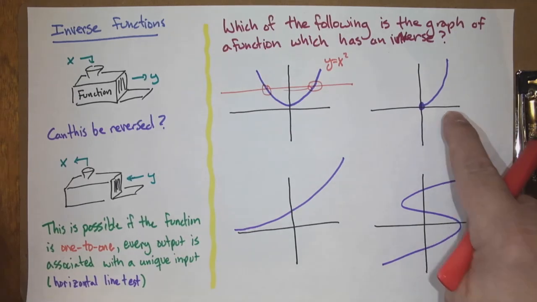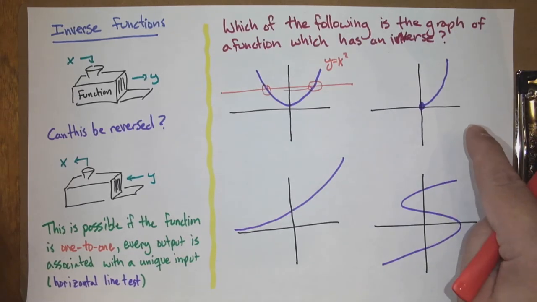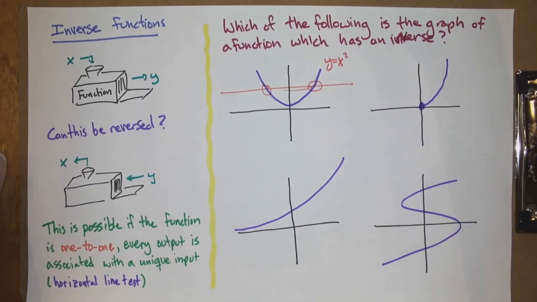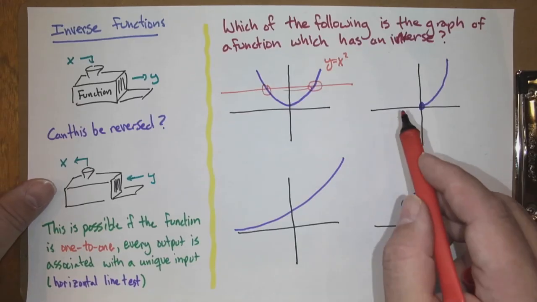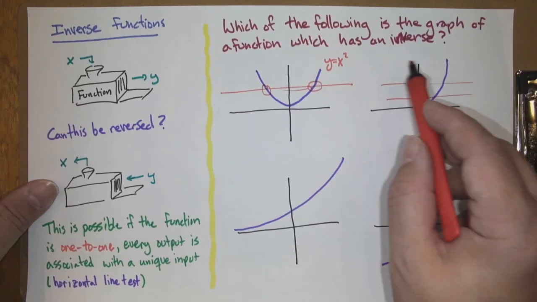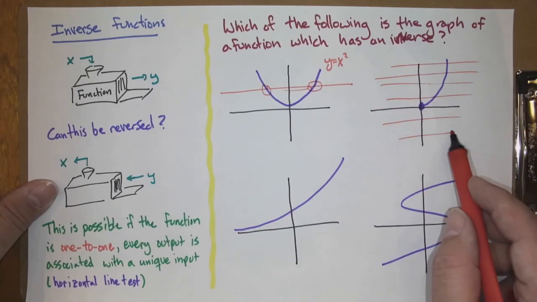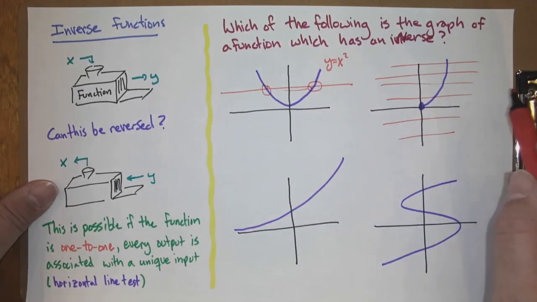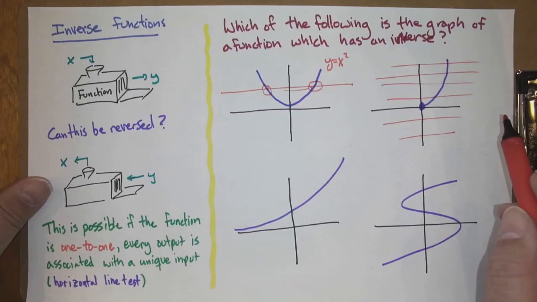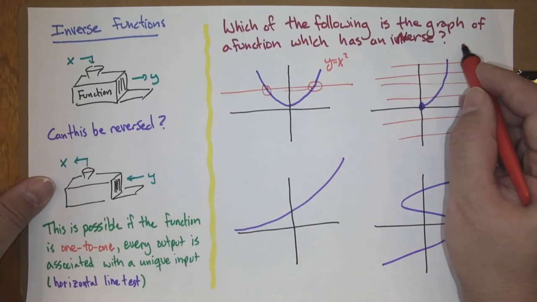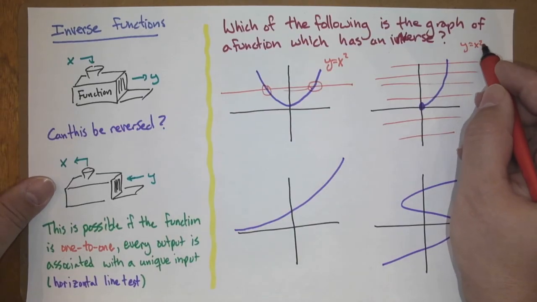But you might notice the one to the right looks suspiciously similar. Does this have an inverse? Yes. It has an inverse because every horizontal line hits it at most once. There are some that don't ever hit it at all. That's okay. But no horizontal line hits it multiple times. This is y equals x squared for x greater than or equal to 0.